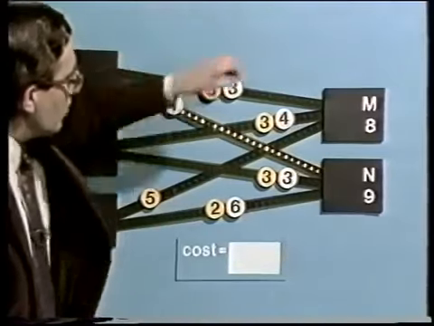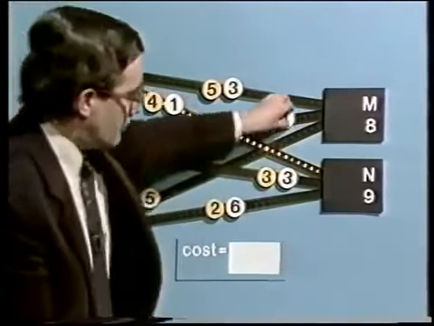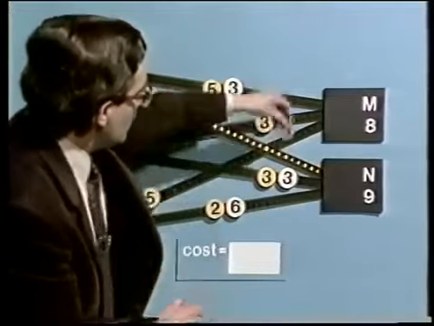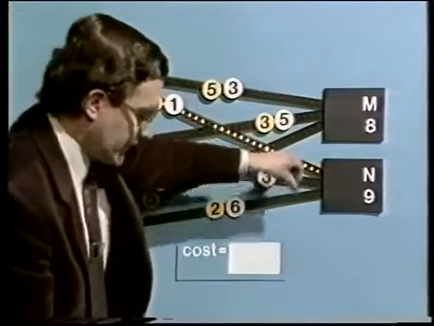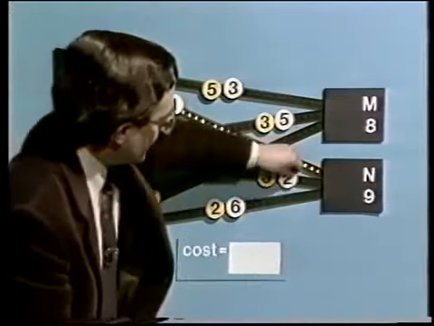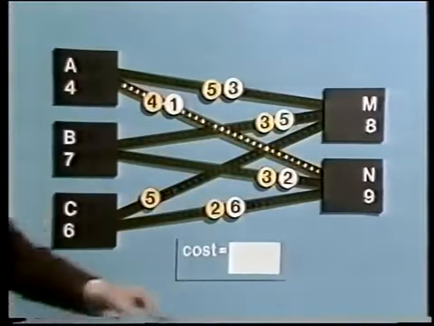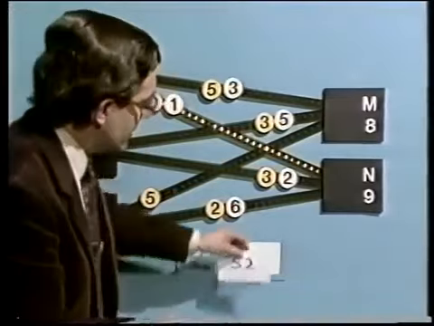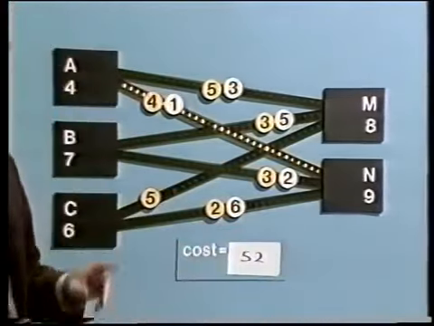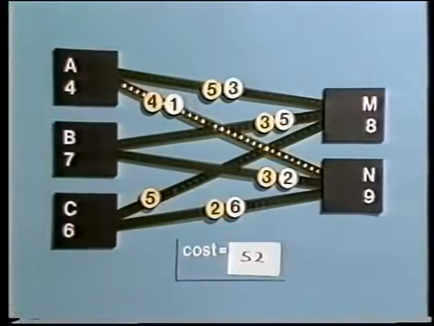We have to send 1 more along bm, and 1 less along bn. And here we have another feasible solution. This time, the cost works out at 52, and that's 1 less than the original cost, so in fact we have an improvement, and perhaps our idea wasn't so bad after all.